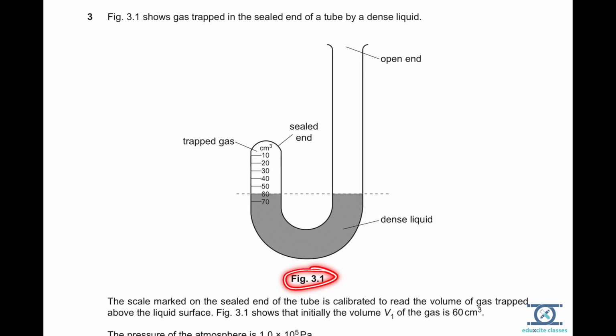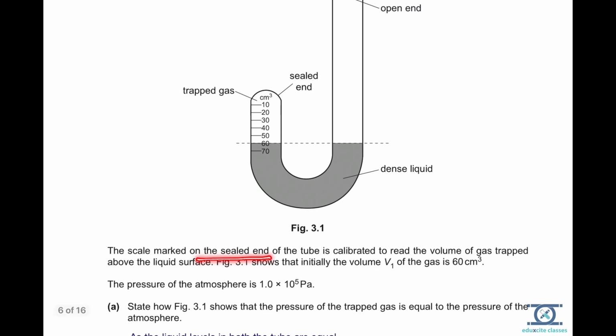Now question number 3. In this figure 3.1, there is a trapped gas in the sealed end of the tube by a dense liquid. The scale marked on the sealed end of the tube is calibrated to read the volume of the gas trapped above the liquid surface. It shows the initial volume V1, which is 60 centimeter cube.